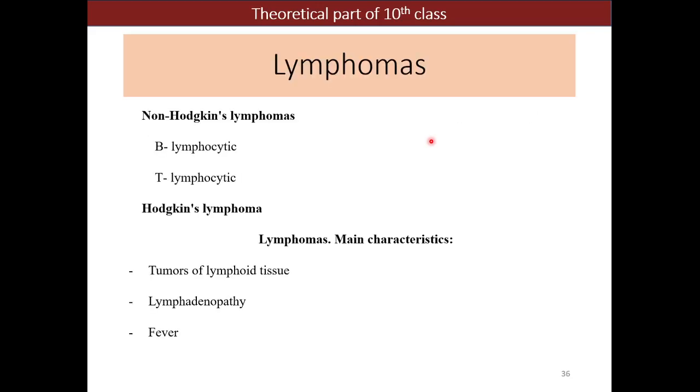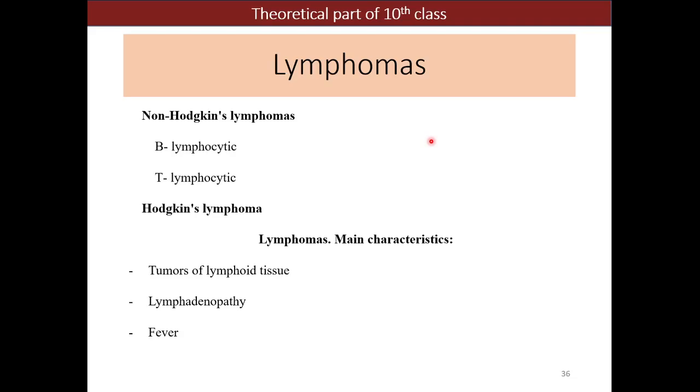So, at the end of our class, we should discuss the lymphomas. We have already got the definition of lymphomas. It is a regional tumoral disease of the lymphatic system, and the classification of lymphoma is really easy.